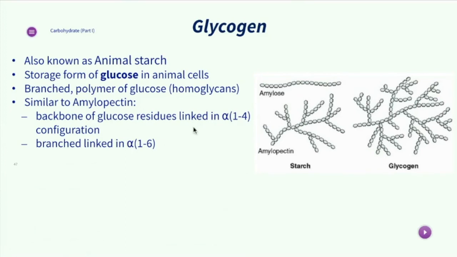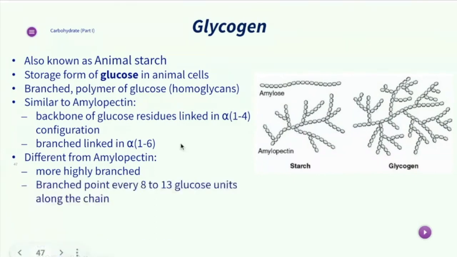The branches are also linked at alpha 1,6, but the difference is that it is more highly branched, because the branching occurs every 8 to 13 glucose units. For amylopectin, it is every 24 to 30 and then there is one branch. So that is the difference between starch and glycogen.